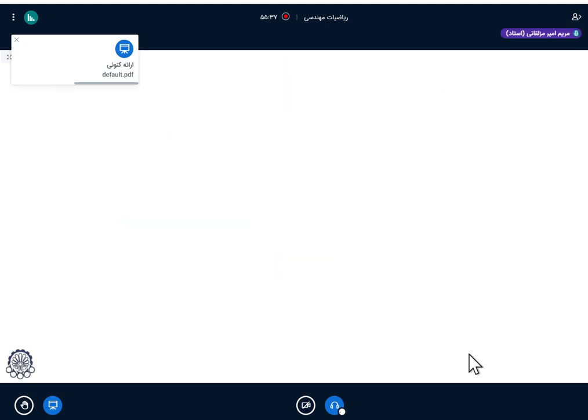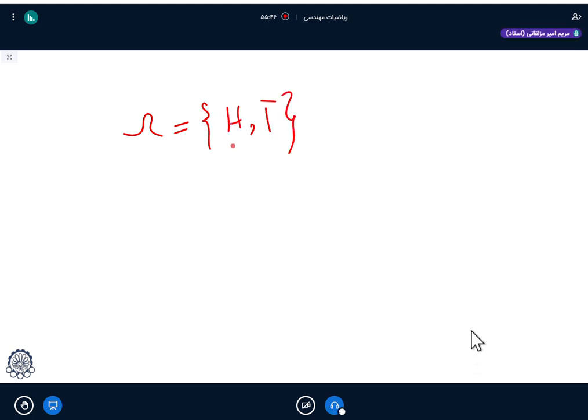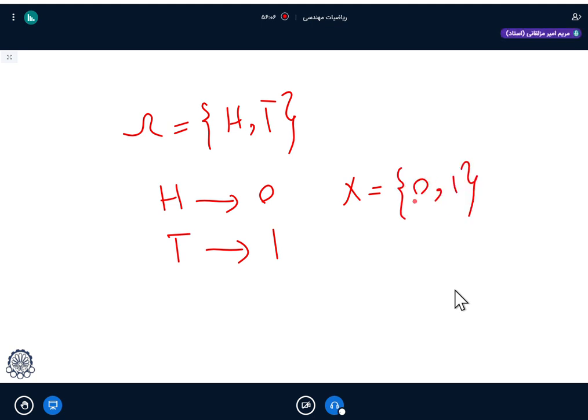if we toss a coin, our sample space is this set, head and tail. If we assign to head the value of 0, for example, and we assign to tail the value of 1, then we have a random variable, we call it x, that takes the values of 0 and 1.